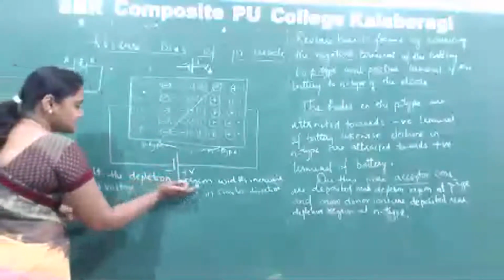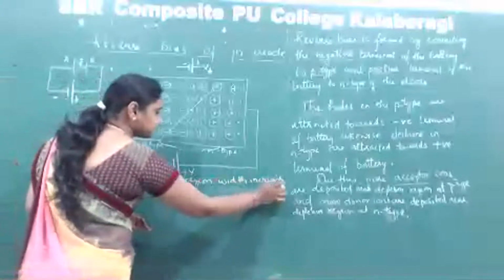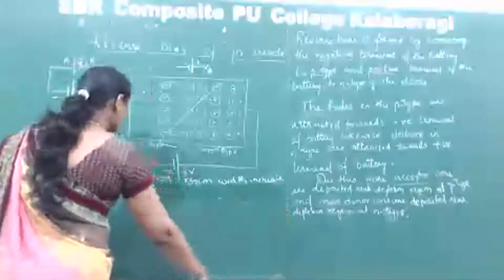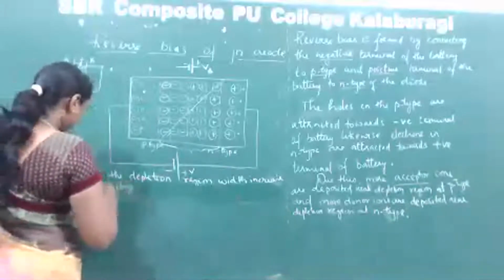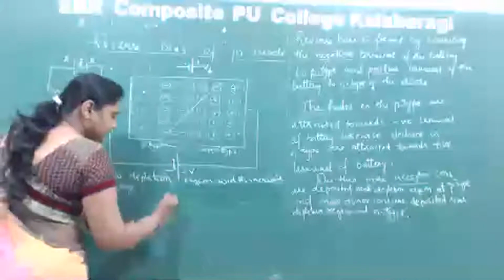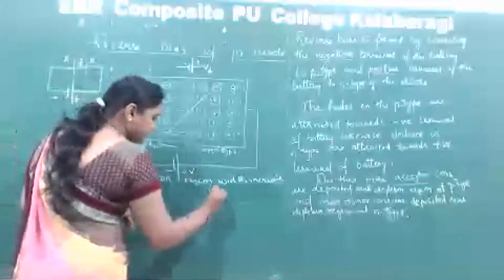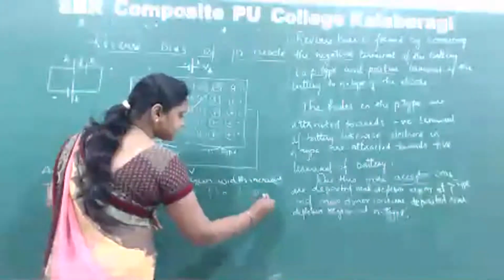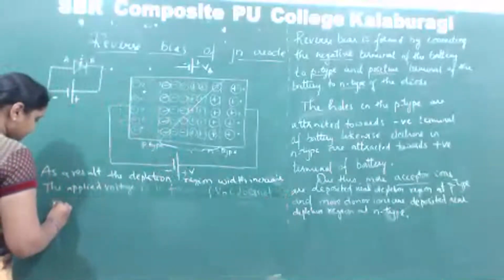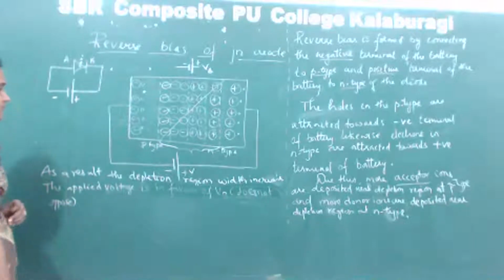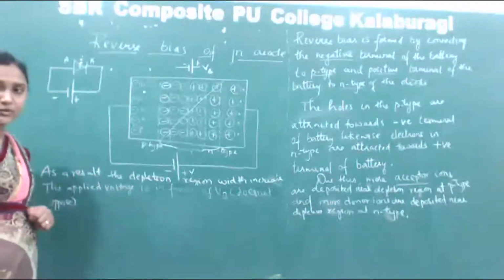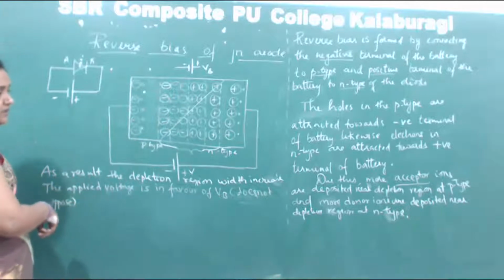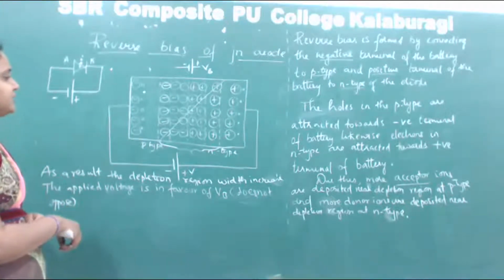Otherwise, the applied voltage is in favor of VB. It does not oppose the barrier potential. So the VB is increased.